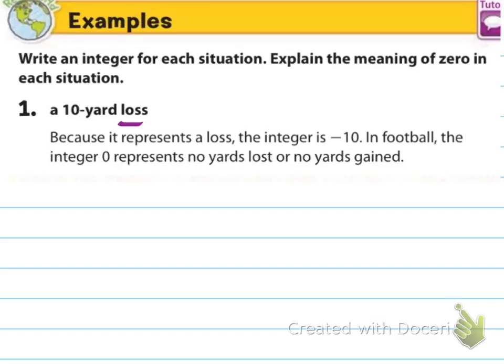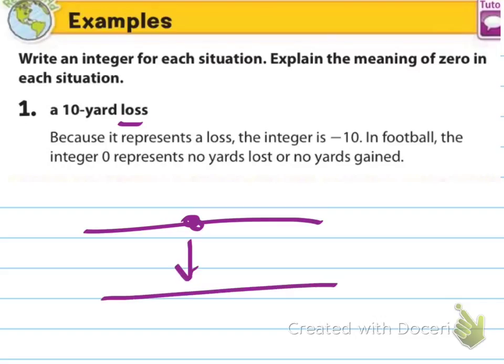So a 10-yard loss means that 0 represents the line at which the ball is, right? And if it's a 10-yard loss, then the ball gets bumped back 10 yards. If it's a 10-yard gain, that would be going forward, and that would be a positive.